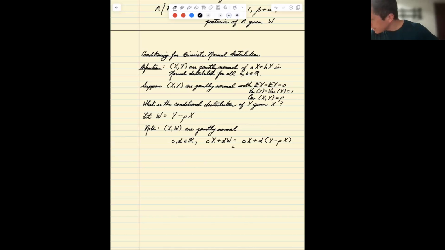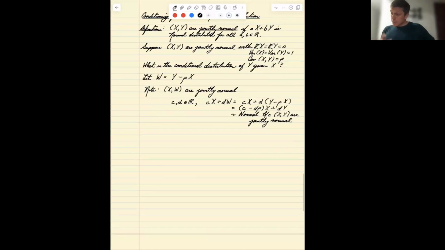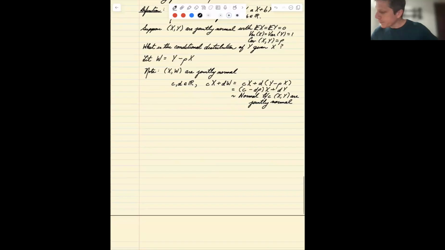This can be expressed as (c minus d rho)X plus dY, which is normal because X and Y are jointly normal by assumption. So X and W are jointly normal.